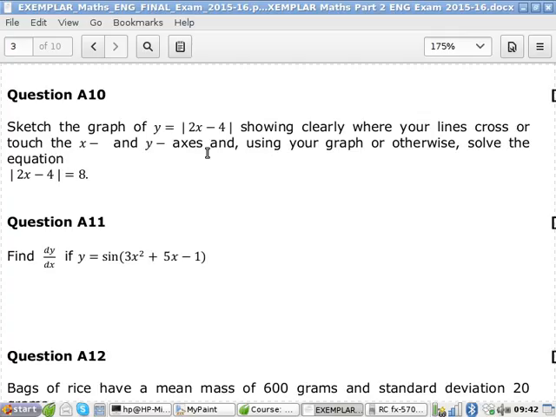Correct. Yeah? Okay. So now you're doing this part where it equals 8, yeah?